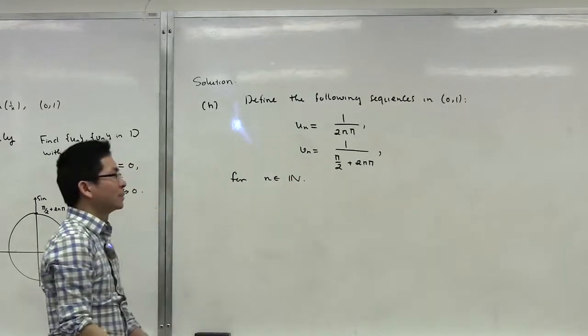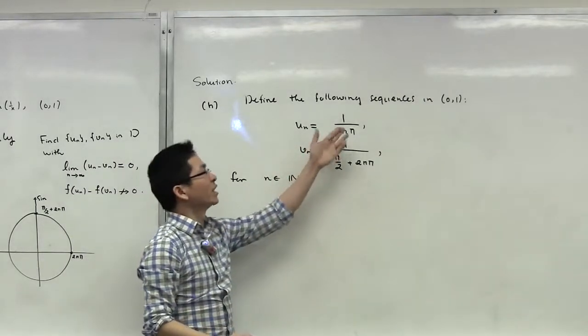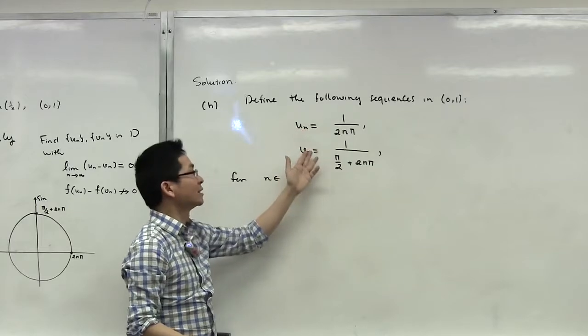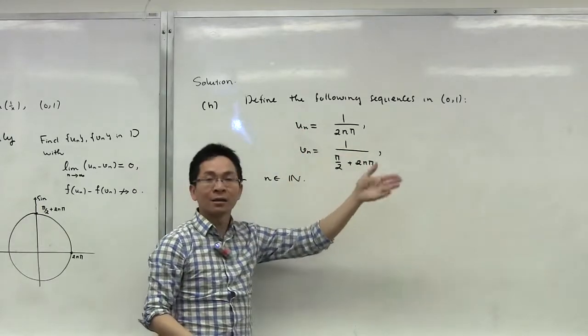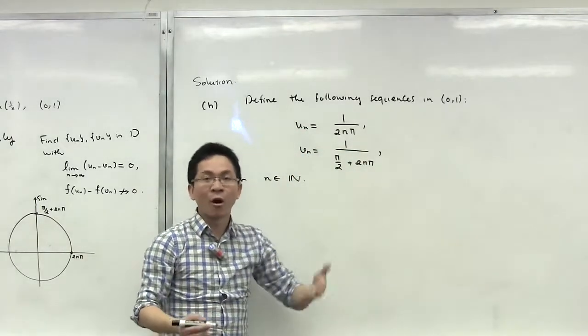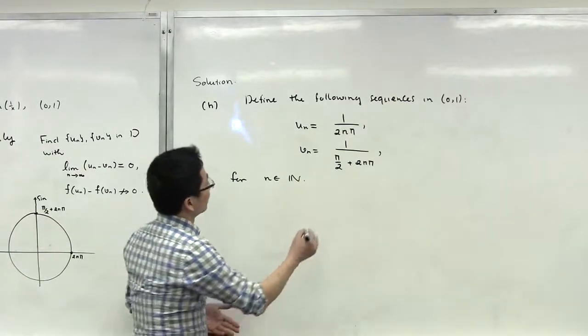You can easily verify that both un and vn are in the interval (0, 1) for all n in N.